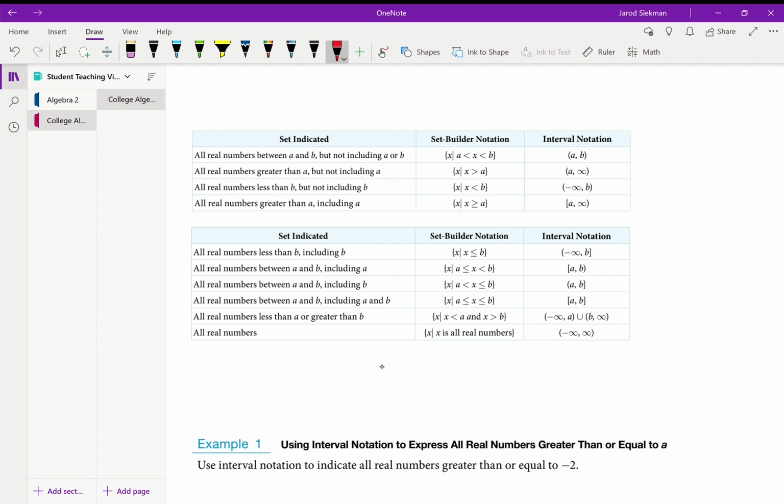So that's when it's less than or greater than, but not equal to. That's when we use parentheses. If we look down here, all numbers greater than a, including a, that is greater than or equal to, and that's when we use bracket. So we'll practice these in the following examples. Go ahead and take a picture of this, pause it if you need to, write it down. This will be helpful.